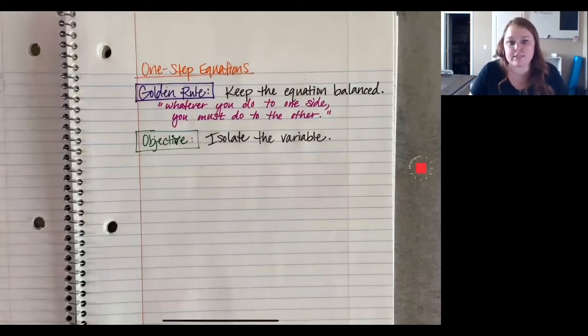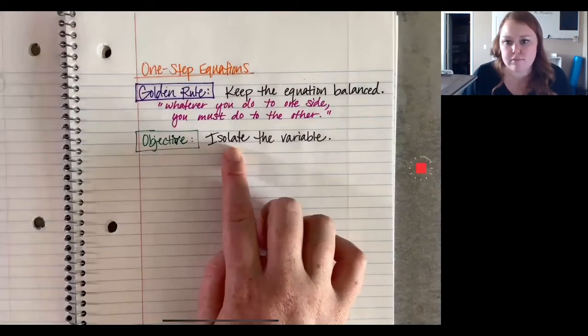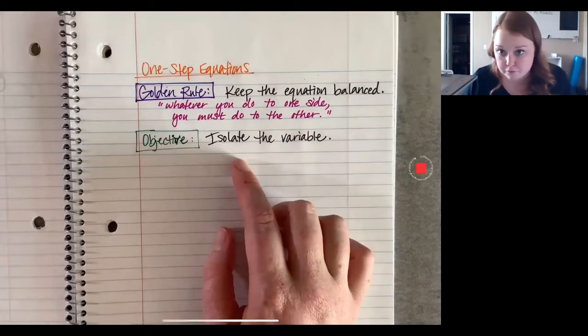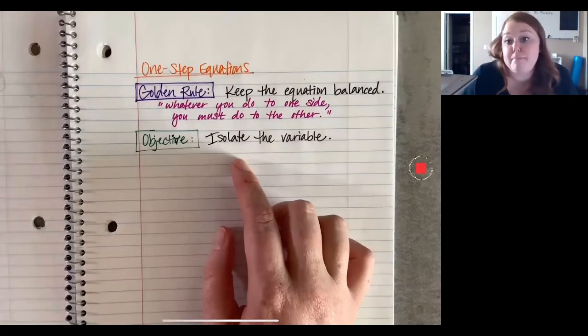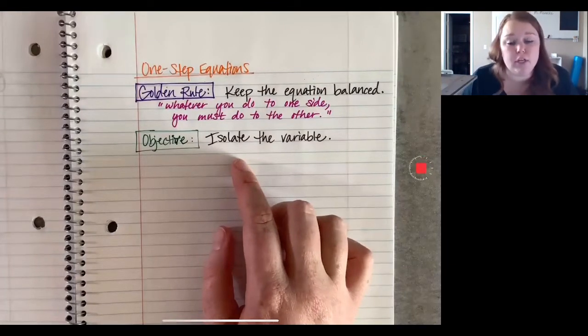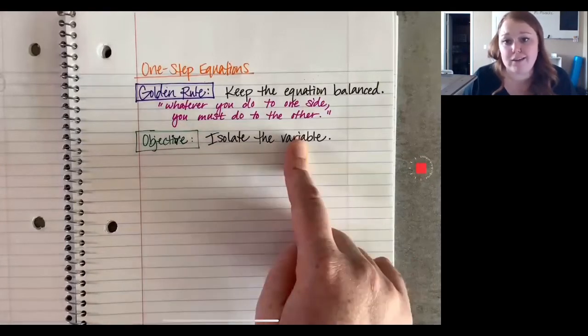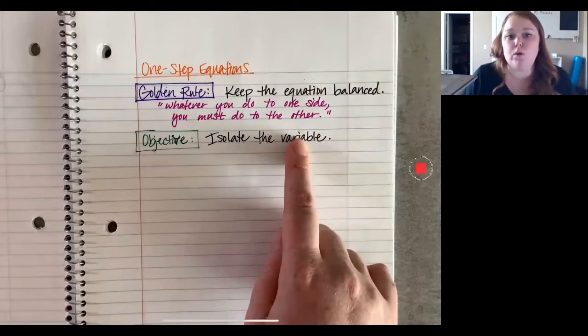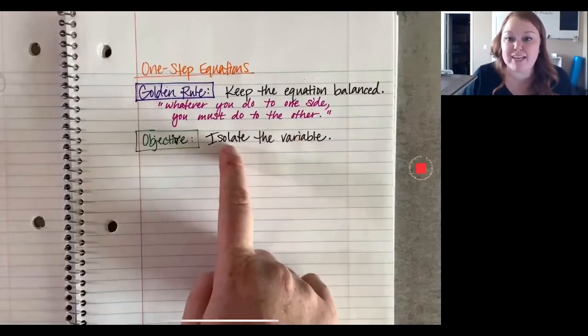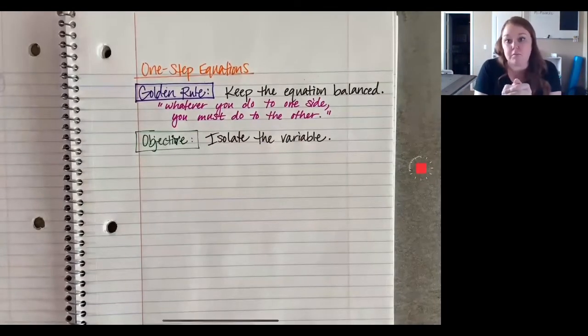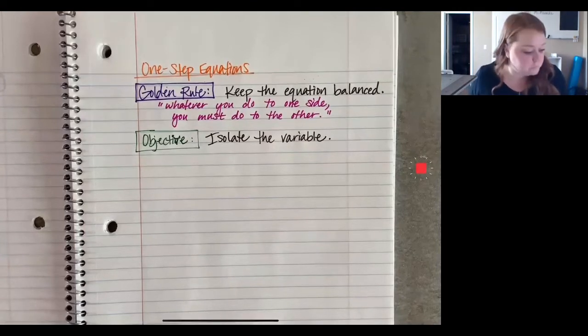Now, this word, isolate, think of what it means. If I said that girl's really isolating herself, or I feel isolated, it means by myself or on her own, right? So the same thing is true here. We want to get the variable, X, Y, W, whatever the variable is. We want to isolate it, get it by itself. We want to clear out all the other stuff, so it's just the variable. Okay, that's what we're searching for.